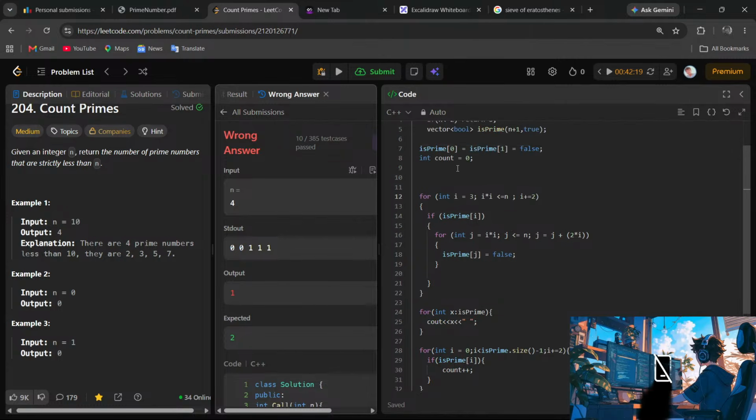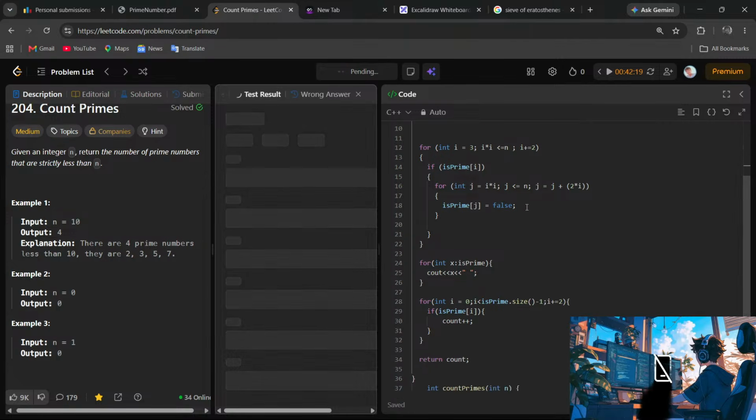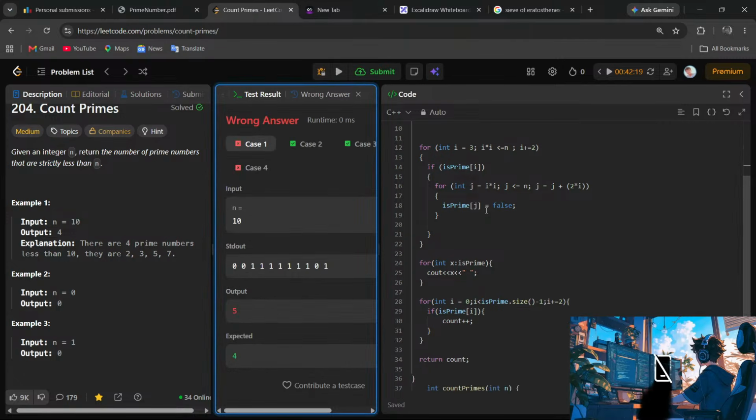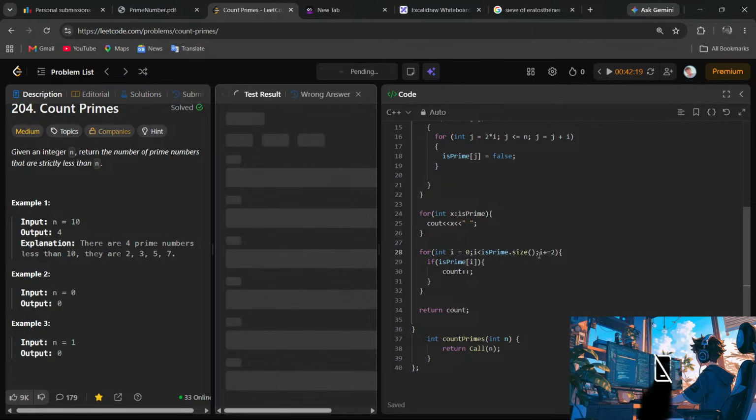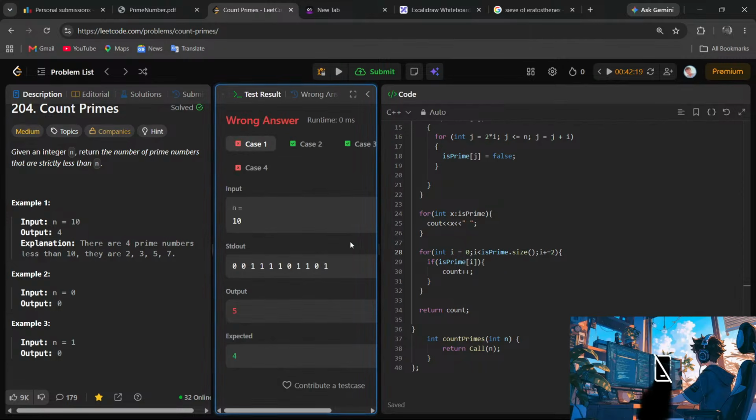What wrong answer? Because of this, I think so. I have to write 2 into I. Wait a moment, 2 into I. And I have to write J plus I. But I will not write this here.